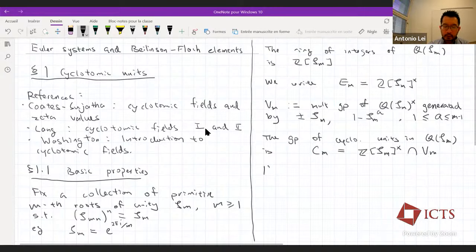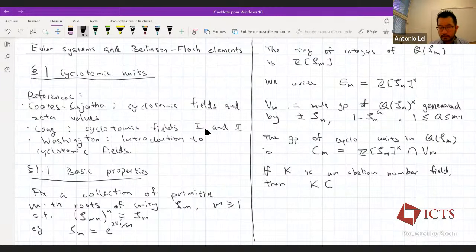In general, you might want to talk about cyclotomic units in an abelian number field. If K is an abelian number field, then we know that K is inside some cyclotomic extension. This is Kronecker-Weber.